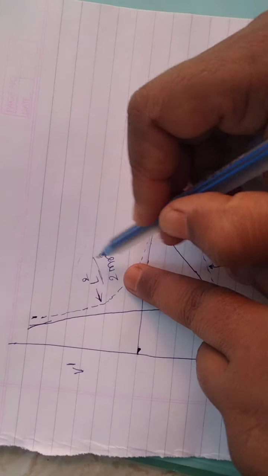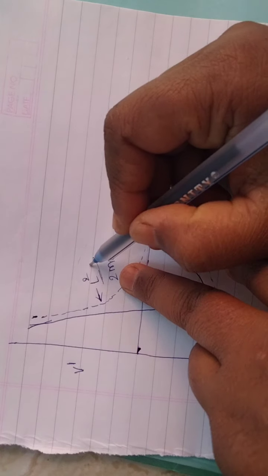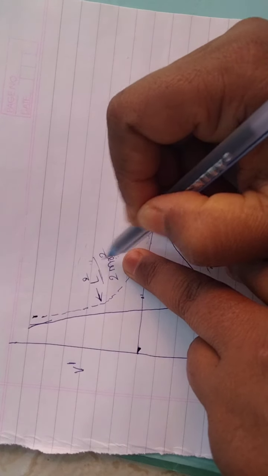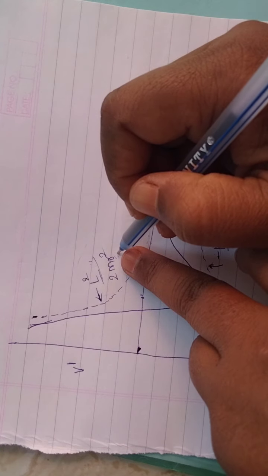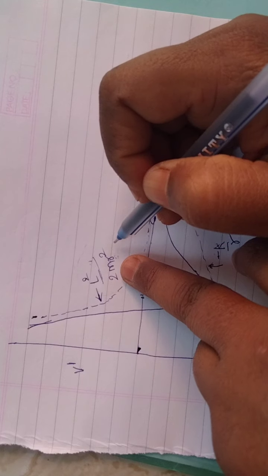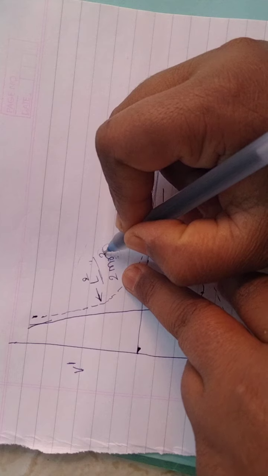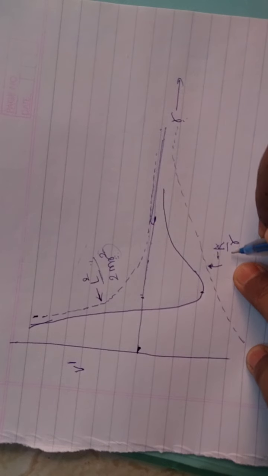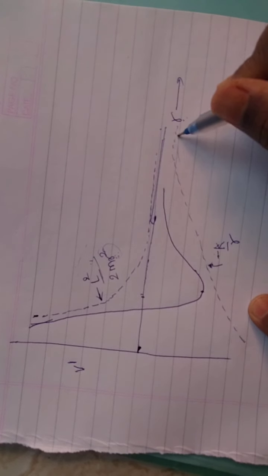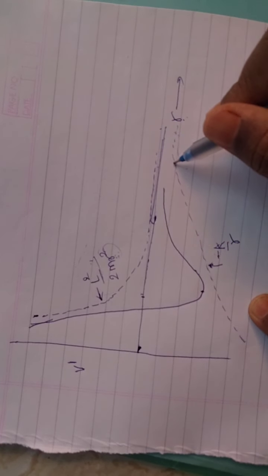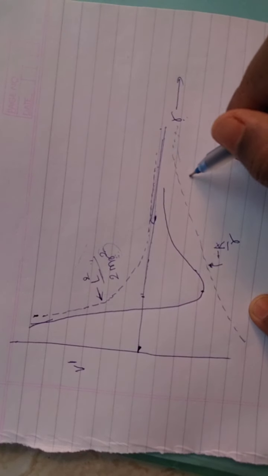Because it falls with 1 upon r square, when distance increases, this potential decreases gradually. And here this term sustains as compared to this, it does not die as fast as the other term.